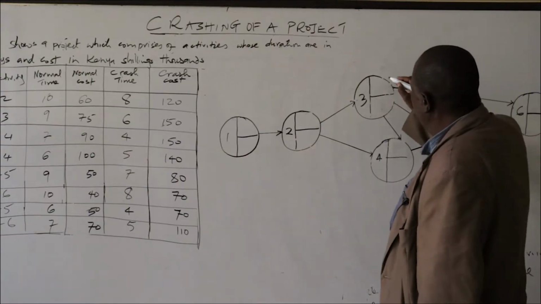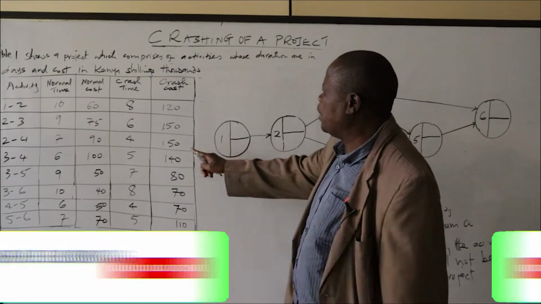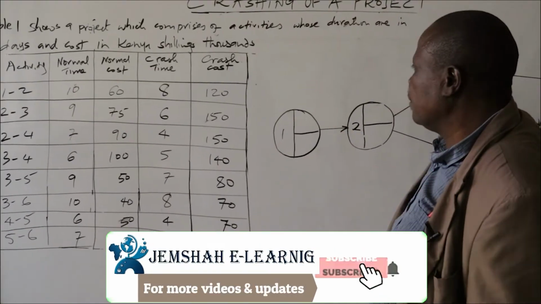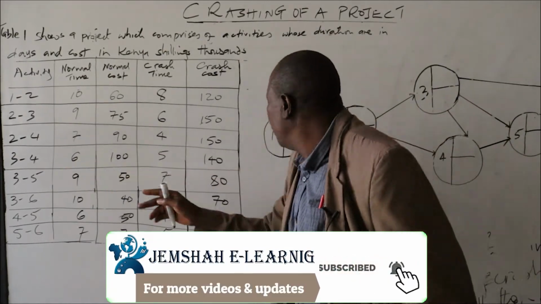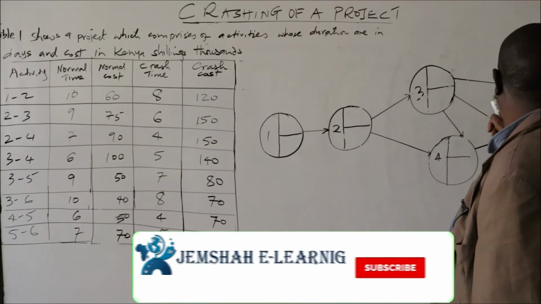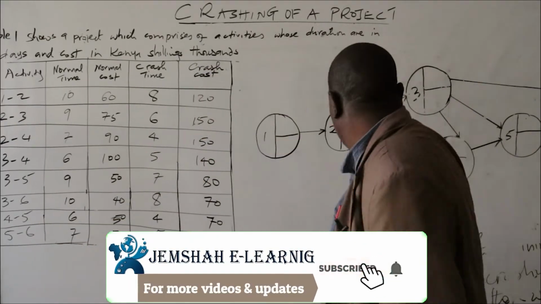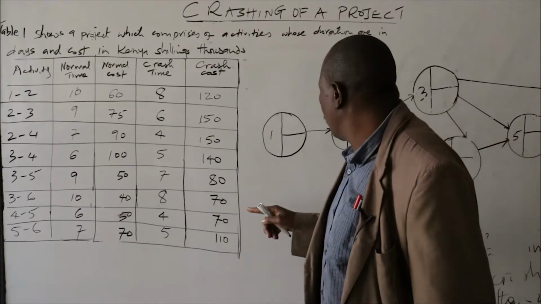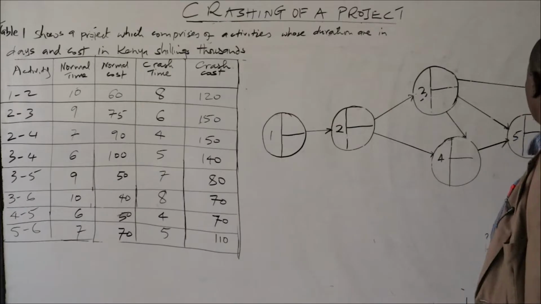This is now the network diagram: 1 to 2, 2 to 3, 2 to 4, then 3 to 4, then 3 to 5, then 3 to 6, then 4 to 5, then 5 to 6.